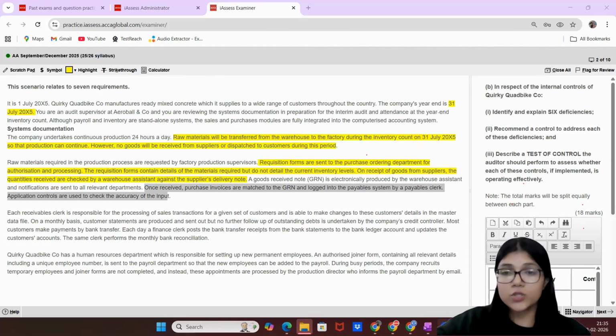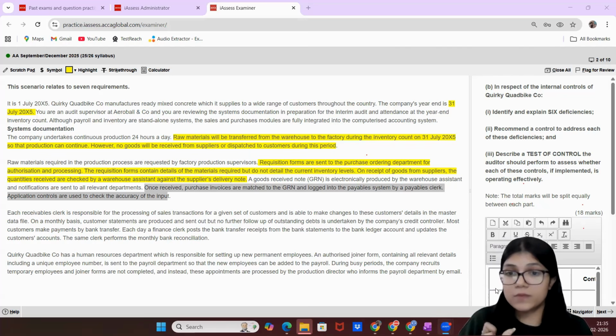The application control correctly said the accuracy is correct, the amount is correct, but for example, there was actually a missing invoice. So if there's a missing invoice, let's suppose you have 10,000 rupees. What about that 10,000 rupees? Your supplier will not receive that amount from you. And if they are not receiving their amount on a timely basis, it is going to lead to, I want the keyword, guys, come on.